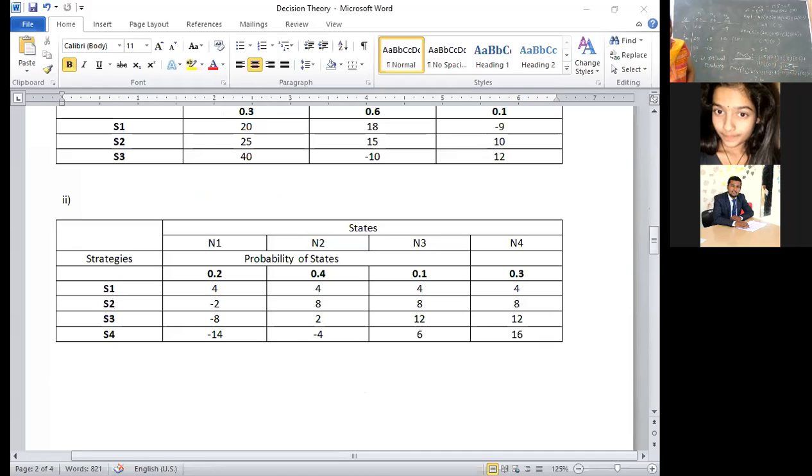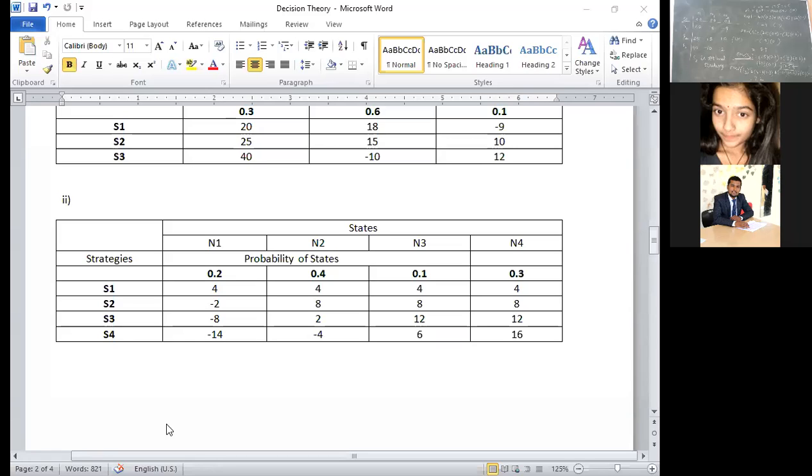Try it out, everybody, and tell me which is the optimal strategy. Here there are 4 strategies and 4 states of nature. It is not mandatory to have a square matrix. Do it and tell me the answer. Which is the best strategy?